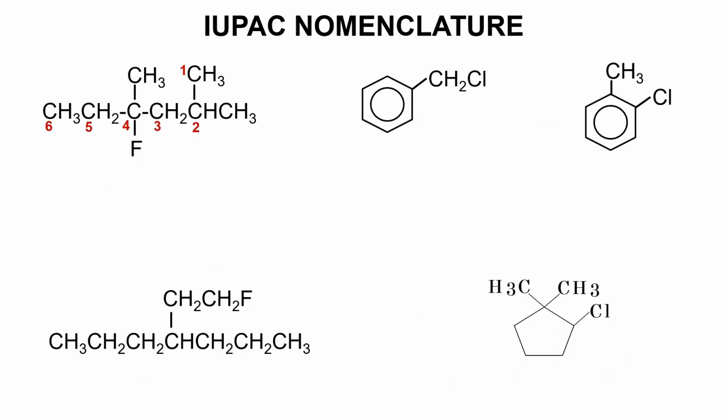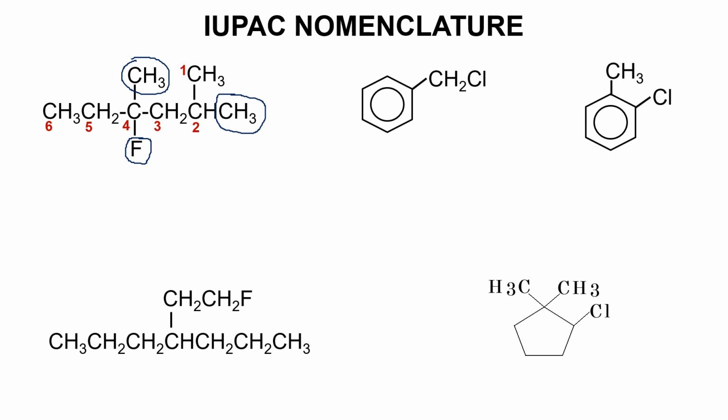So another example, okay, we have to find the longest continuous carbon chain. So we have 6 carbons here. So the parent is hexane, and then on carbon number 2 we have the first substituent, that is methyl, and on carbon number 4 we have methyl and also fluorine as the second and third substituents.